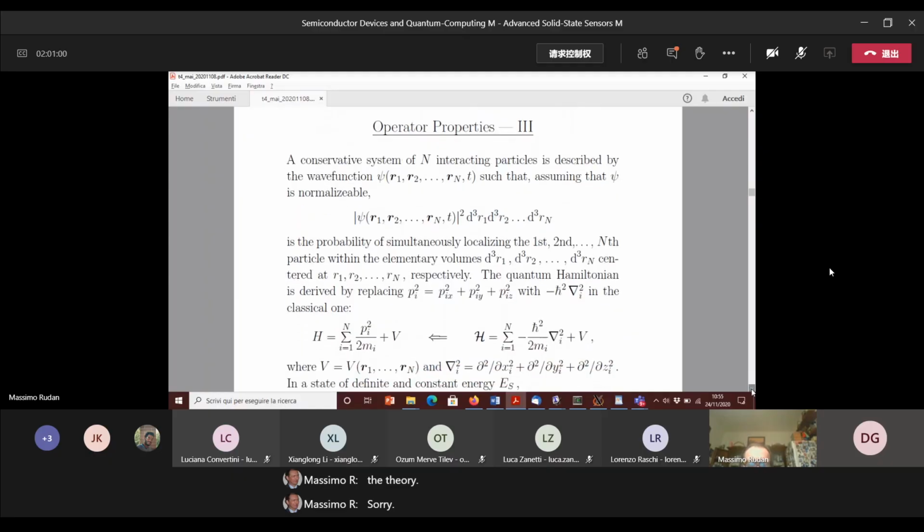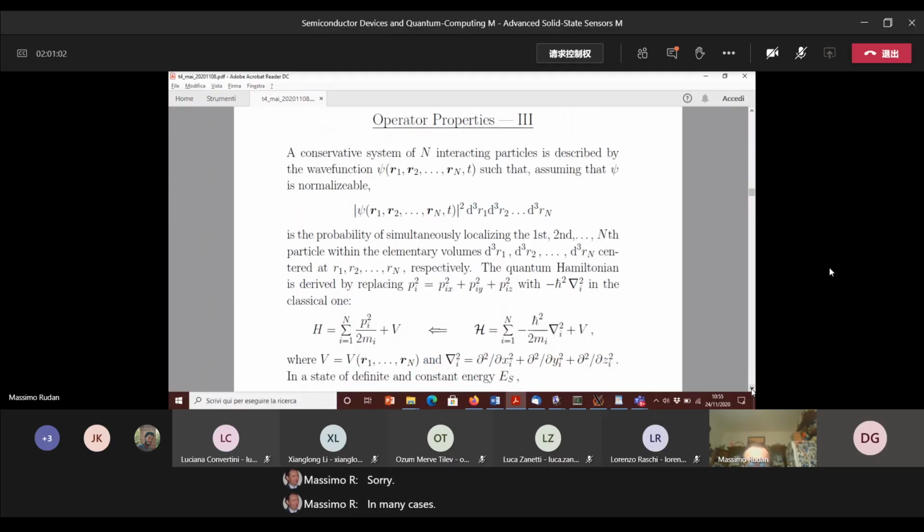In many cases, we do not have to deal with a single particle. We may easily find cases in which we have more than one particle in the system that you are considering, and that the particles interact with each other.